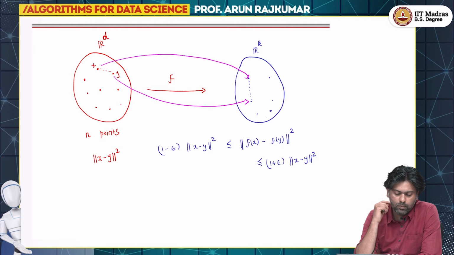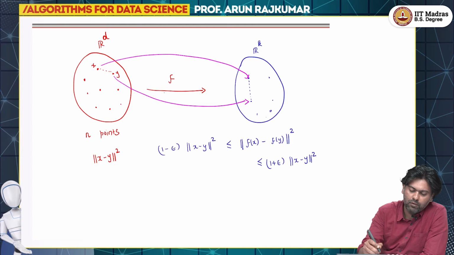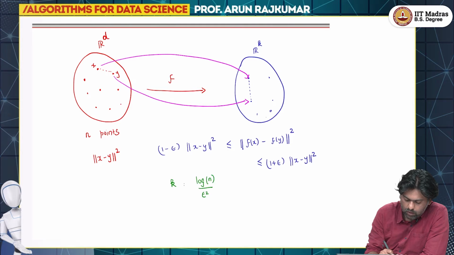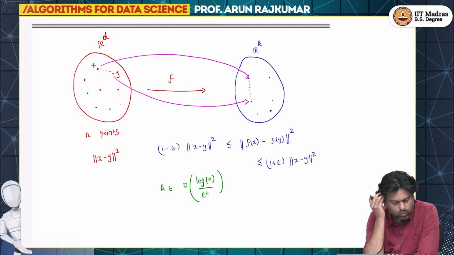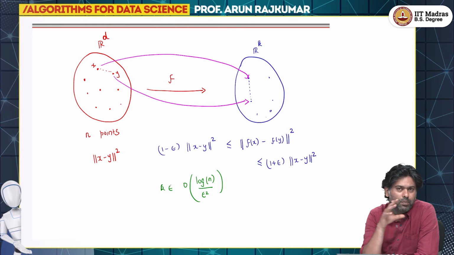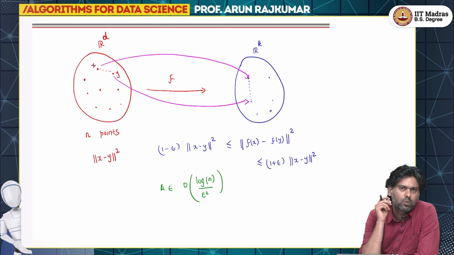The lemma specifically says that you can find such a transformation f such that k is of the order of log n divided by epsilon squared. What does that mean? That means that the dimension to which we map these high-dimensional points is something like log n by epsilon squared.